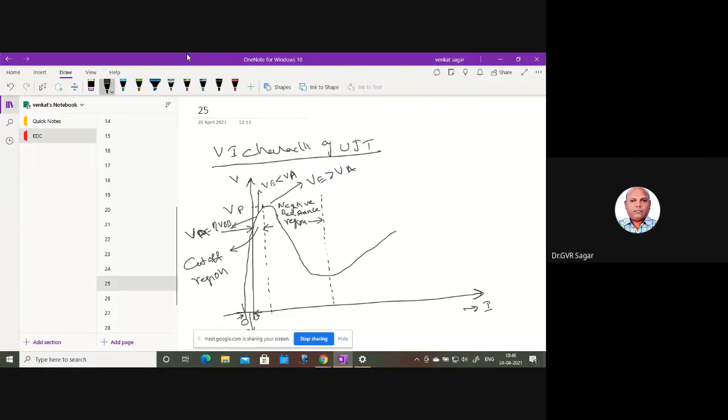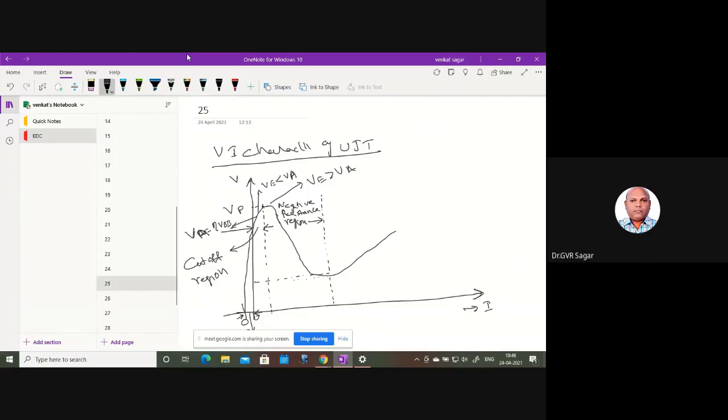This region is called as a negative resistance region. So as this voltage goes on decreasing, it reaches some minimum voltage point.